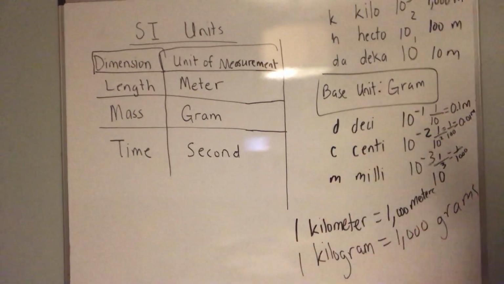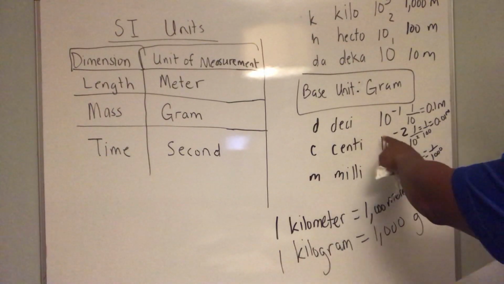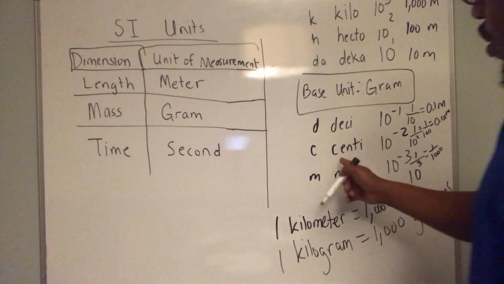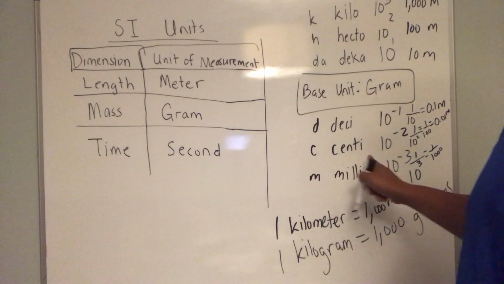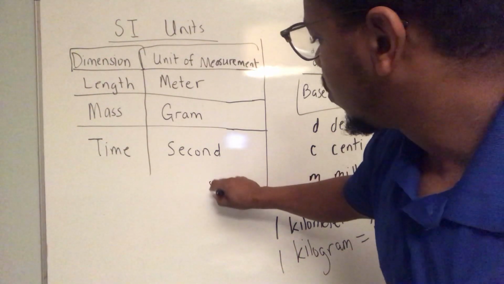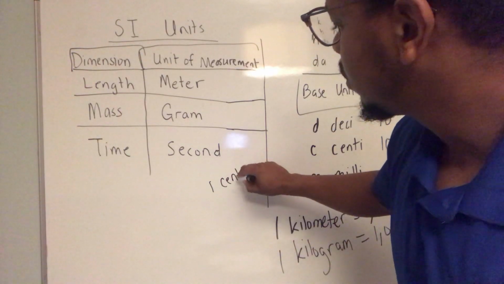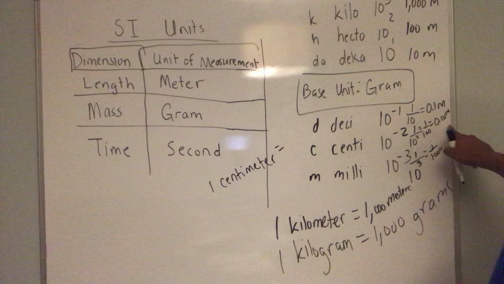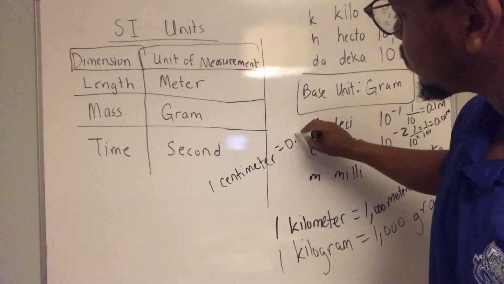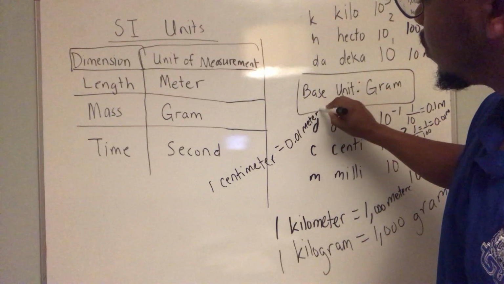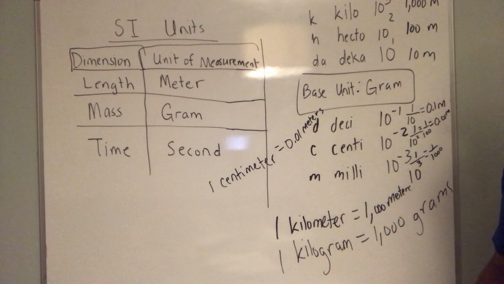Let's do a deci or centi. Let's do a centi. So 1 centimeter equals how many meters? 1 centimeter equals 0.01 what? Meters. Understand?